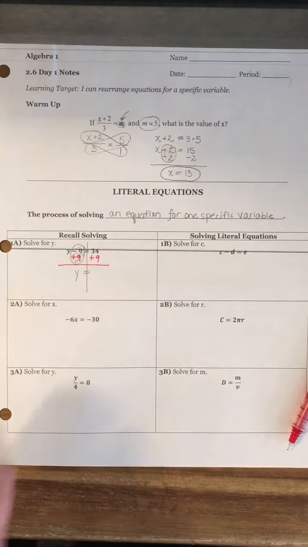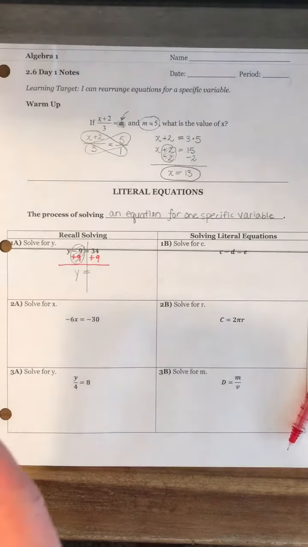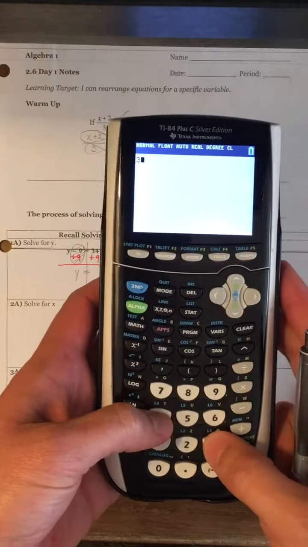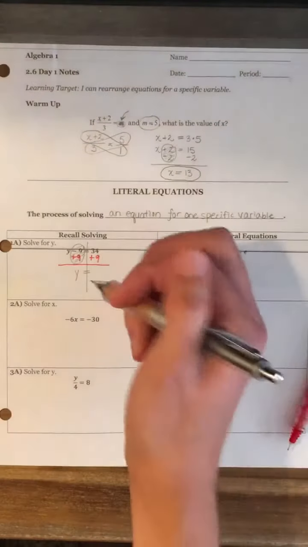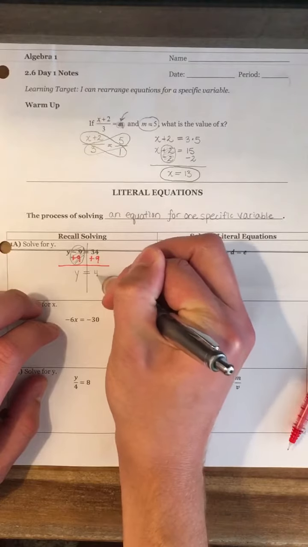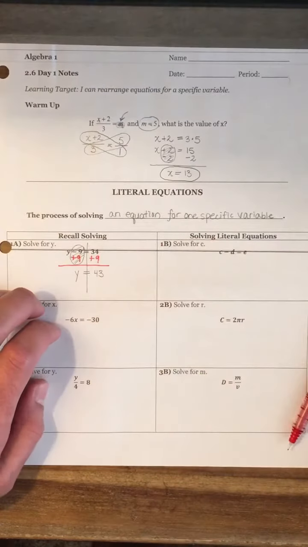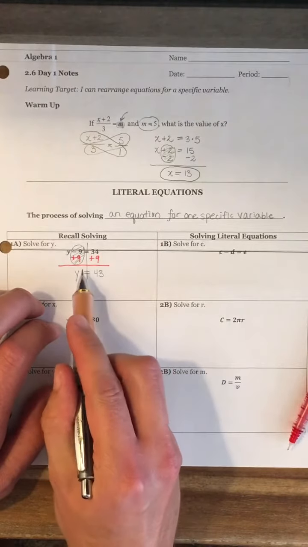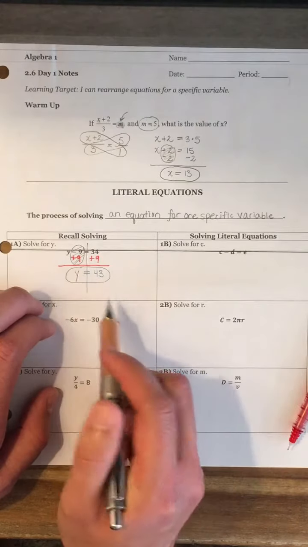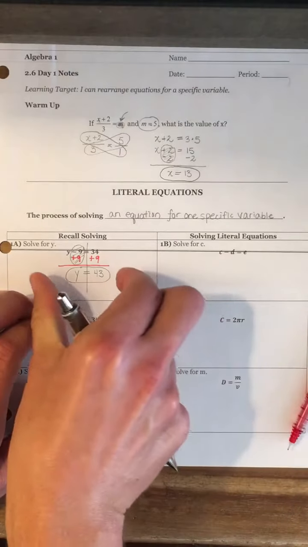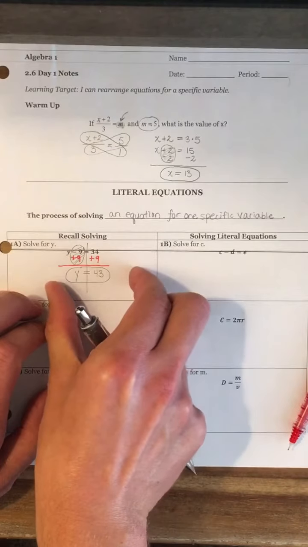So when I combine 34 and 9, let me see, I got my calculator here, 34 plus 9, those combine to be 43. So on the right-hand side, I have 43. When I look back and reflect, I notice, oh, wow, I'm actually done. I figured out what y is. y has a value of exactly 43. So this, again, is something that we should be able to do. That was just a one-step equation.